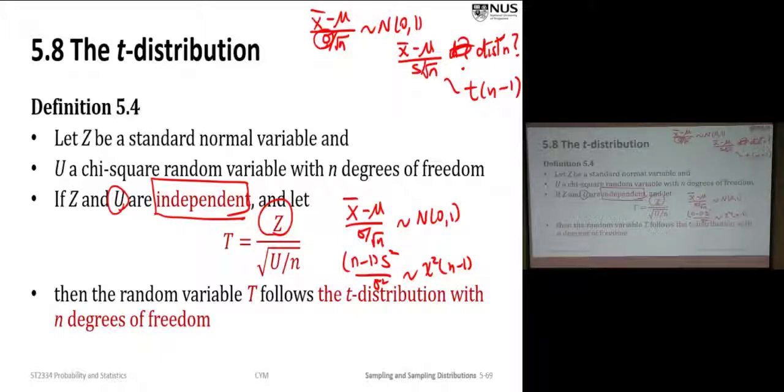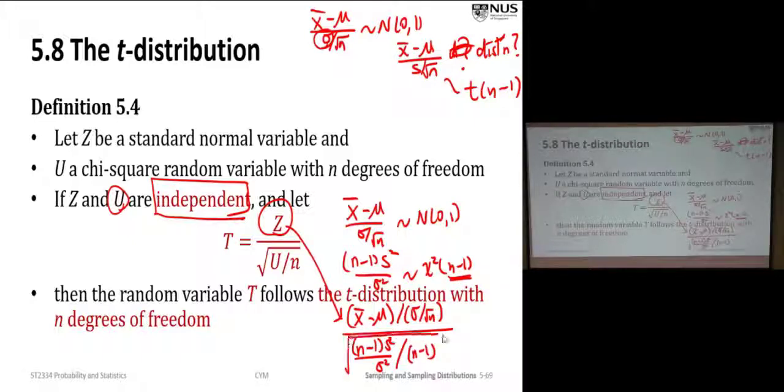But anyway, we just take the ratio. x bar minus mu over sigma over root n is Z. Then the denominator is n minus 1 s square over sigma square over the degrees of freedom, n minus 1, and take the square root of it.